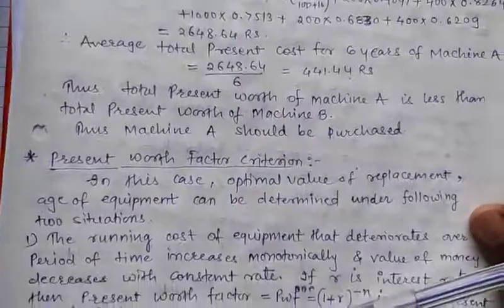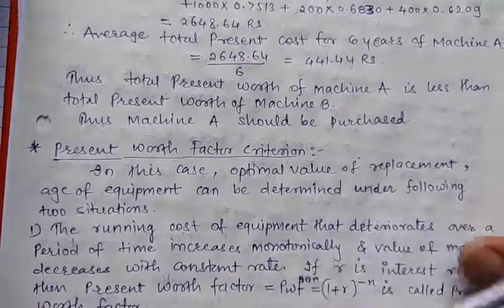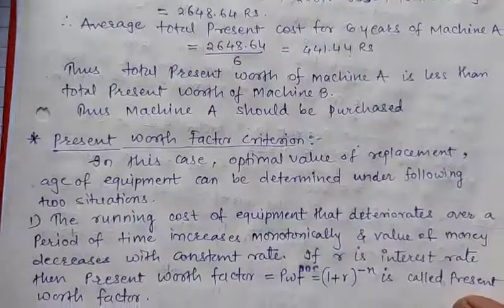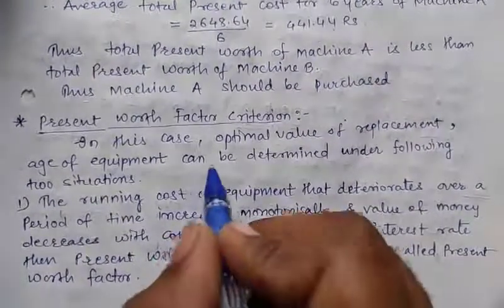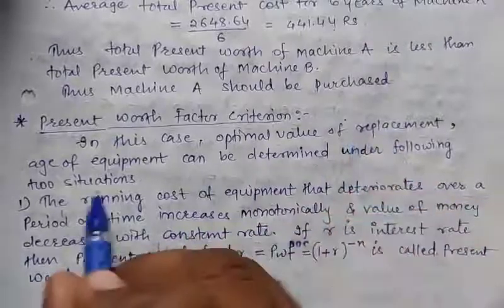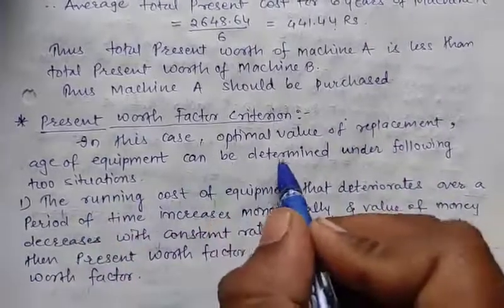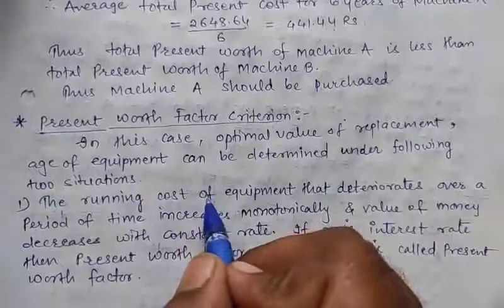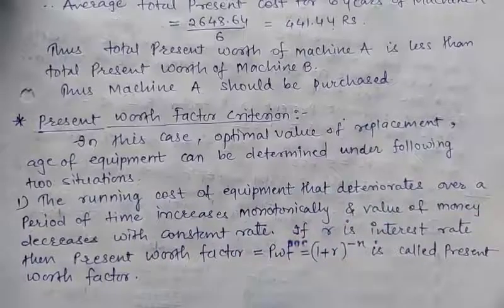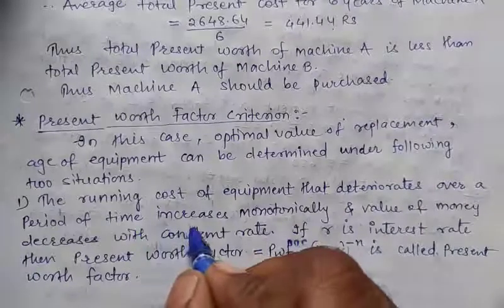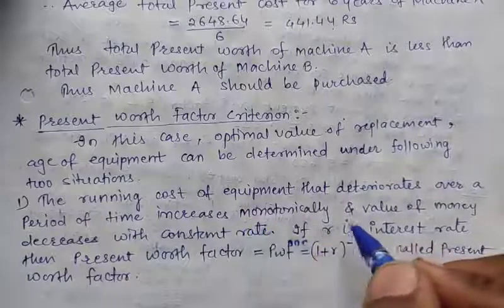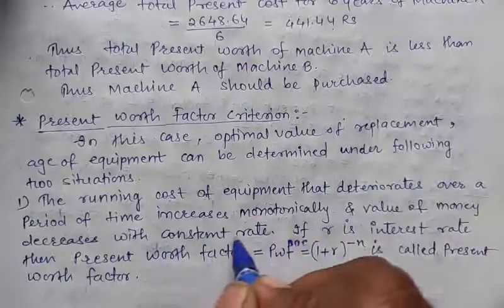Now next we will see the present worth factor criteria. So what is the present worth factor criteria? In this case, the optimal value of replacement age of equipment can be determined under the following two situations. The first situation is the running cost of equipment that deteriorates over a period of time increases monotonically and the value of money decreases at a constant rate.